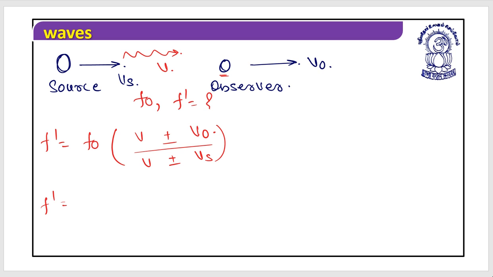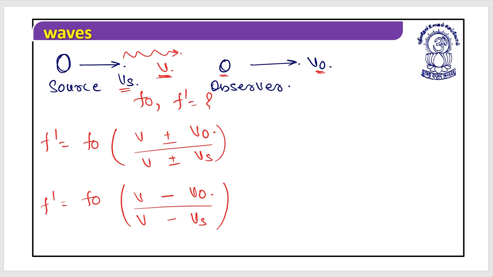This is the motion of the sound wave, this is the motion of the observer, and both are in the same direction, so I write v minus v naught, divided by v minus vs, since the sound wave and the source are also in the same direction. So it's f naught times (v minus v naught) upon (v minus vs). Have you got this?